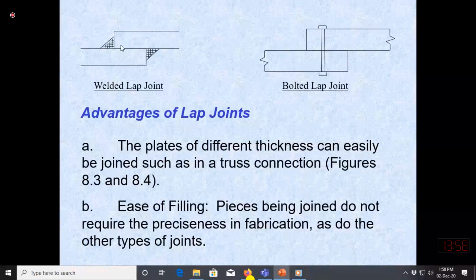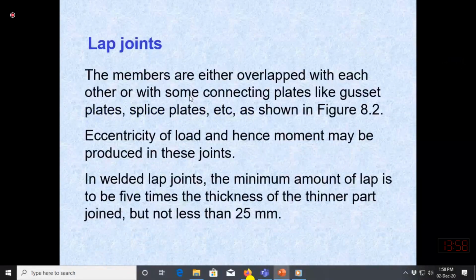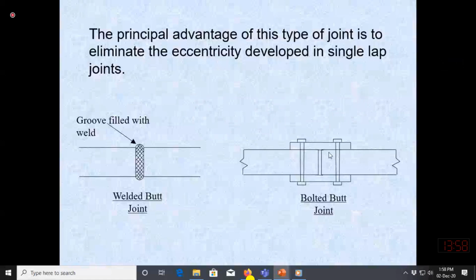It doesn't matter, so we do not need very large precision in cutting the length of the segment. Plates of different thickness can easily be joined. Even though both plates have different thickness, they can easily be connected. But if this plate is thin and this plate is thick, then we need to place some filler plate inside to maintain the same thickness at the joint.